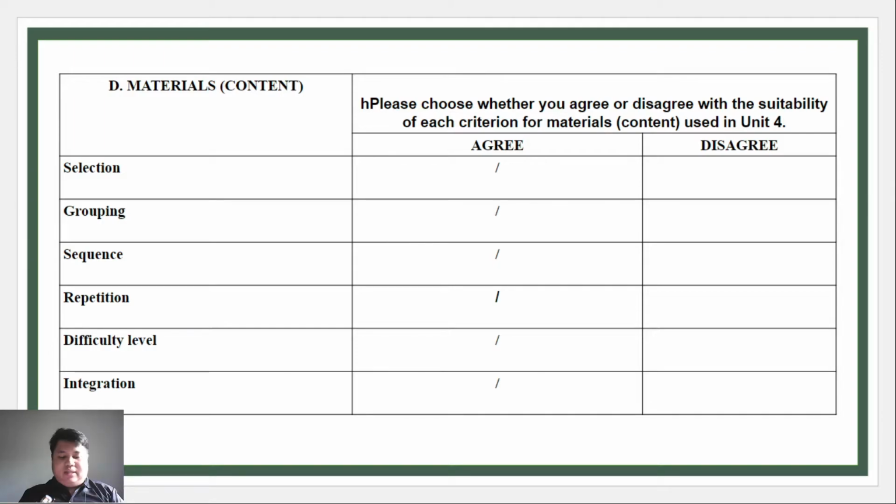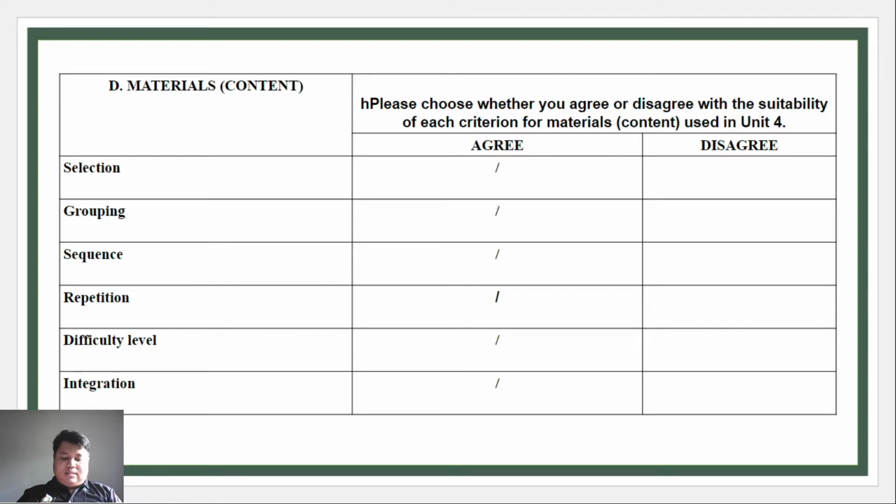For repetition, I would like to say that there are some repetition of material in this book. For example, repetition of activities. However, the repetition of materials are not exactly repeated, as content for materials are designed differently according to the unit.